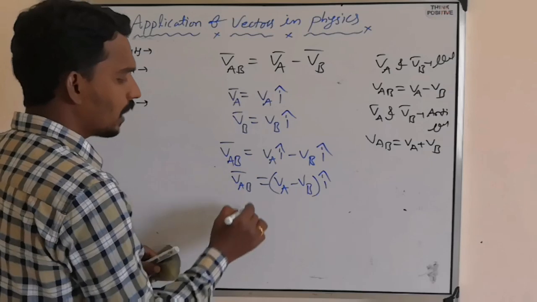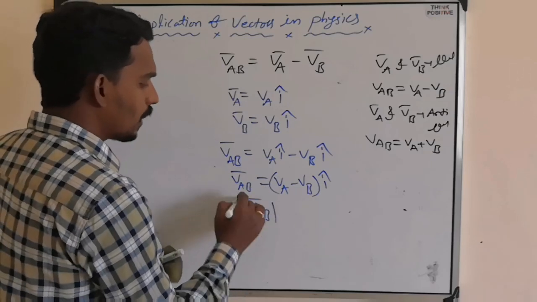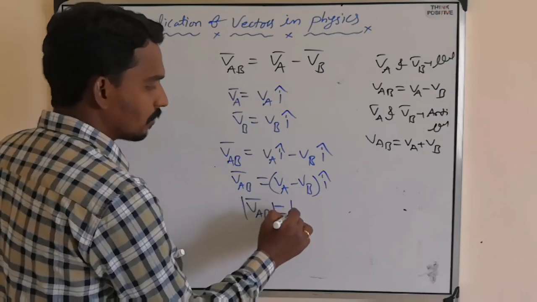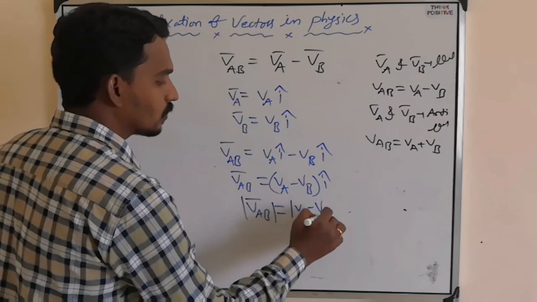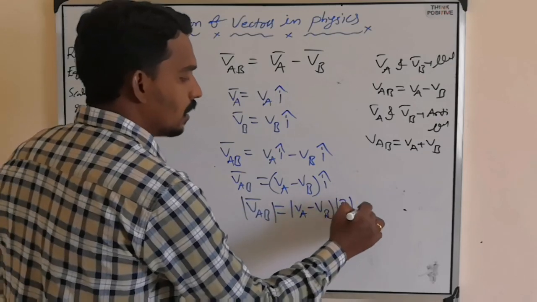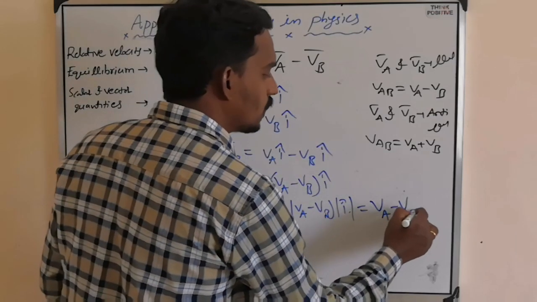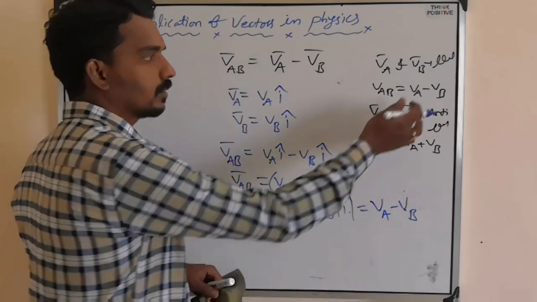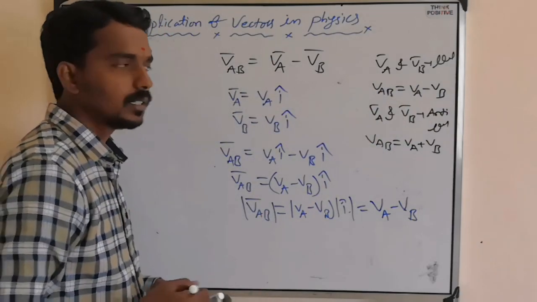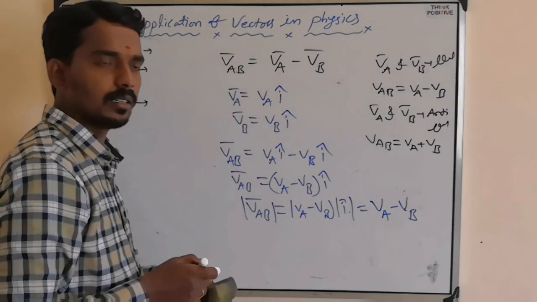This is VAB bar. Then VAB bar magnitude is magnitude of VA minus VB I cap. But what is the magnitude of I cap? 1. So the magnitude is VA minus VB. This is when they are parallel.